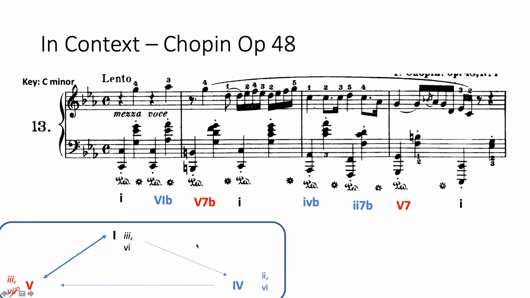We're going from chord 1, to chord 4, or to chord 6 even, over to chord 5, back to chord 1, then over to chord 4, to 2-7, 2-7B even, over to chord 5, and then back to 1. So we can see we're kind of tracing this route a lot of the time.